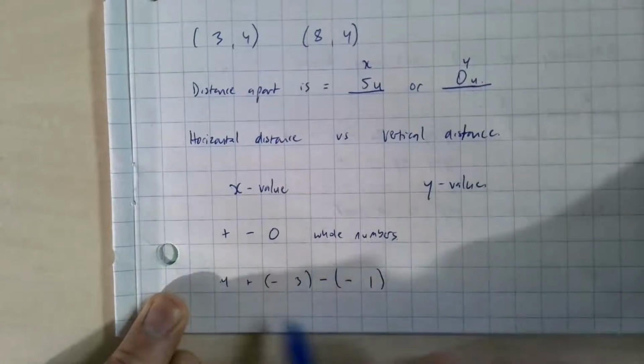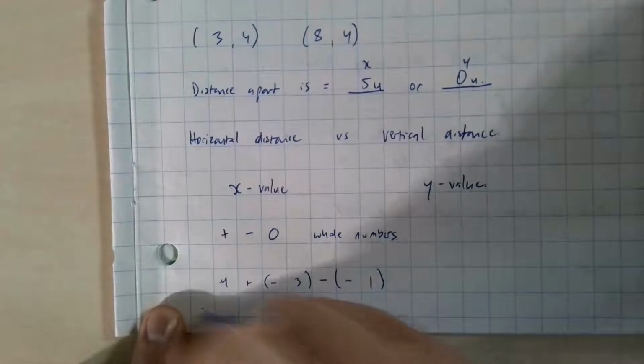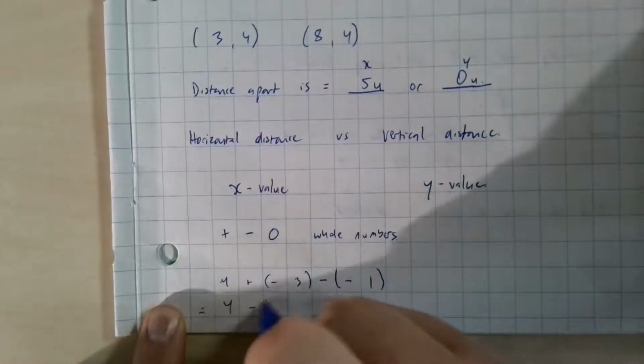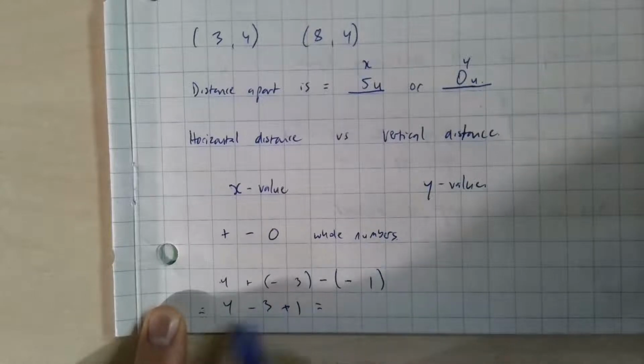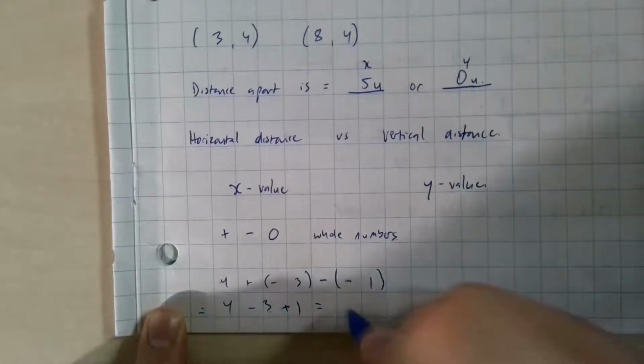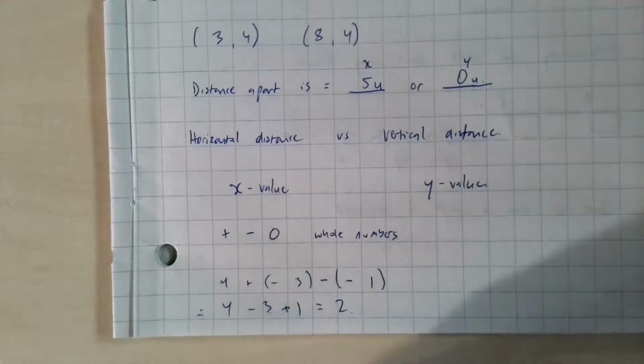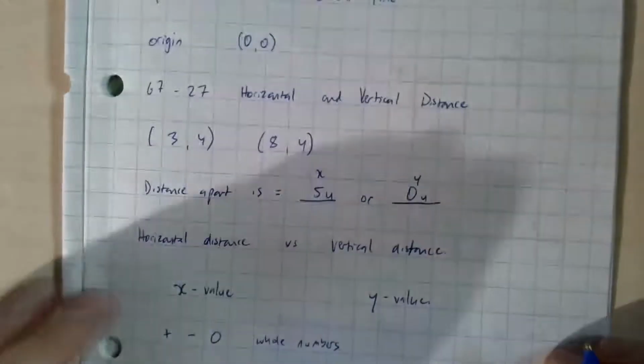We want to simplify these types of equations to make it easier for ourselves. So I'm going to turn it into 4, subtract 3, plus 1. That gives me a final answer: 4 subtract 3 is 1, plus 1 is 2. So make sure we're remembering our previous lessons about integers.